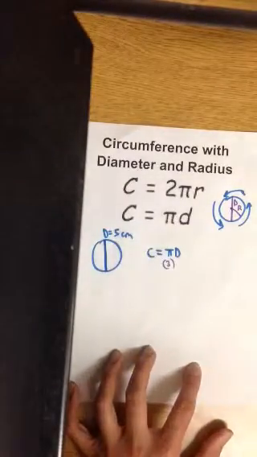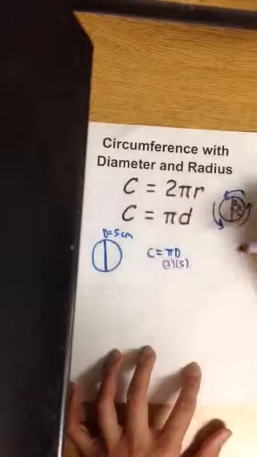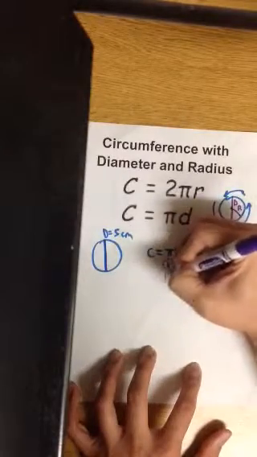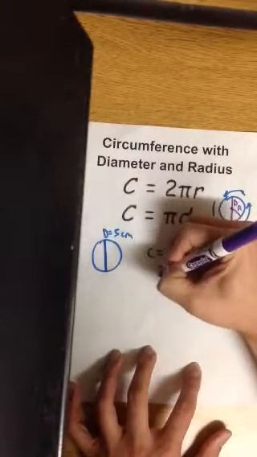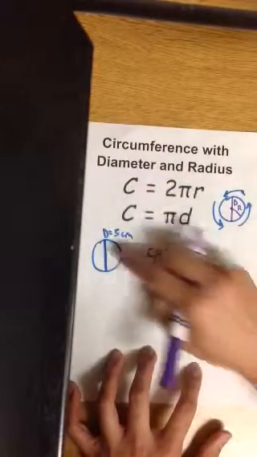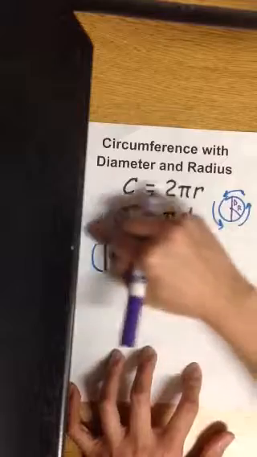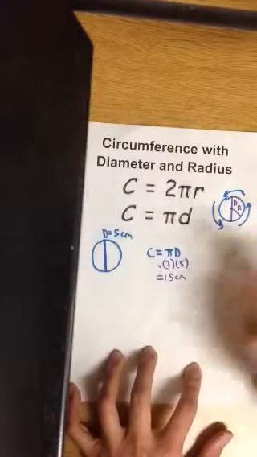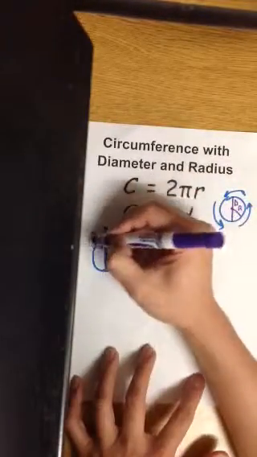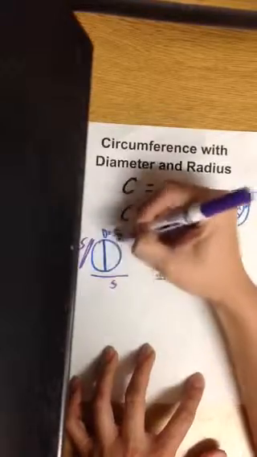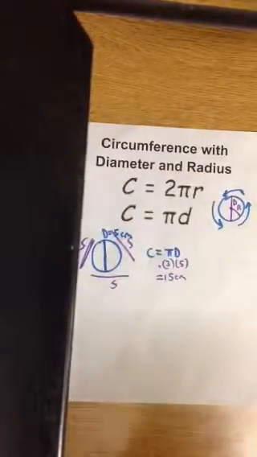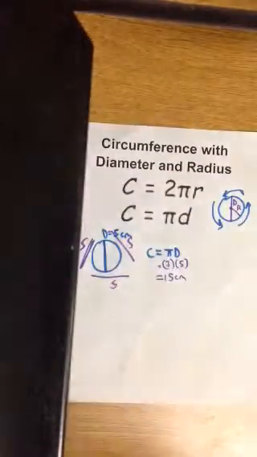What's the distance of the diameter? 5. So the circumference will be approximately 15 centimeters. If I find the distance around the circle, it'll be about 15 centimeters. The way I think of this is 5, 5, 5, which adds up to 15 centimeters.